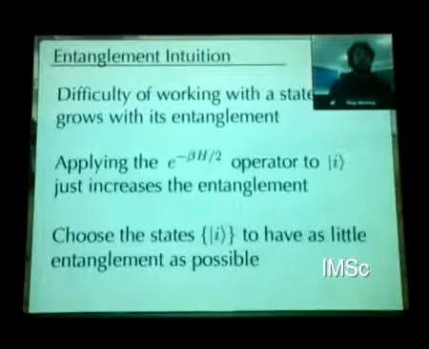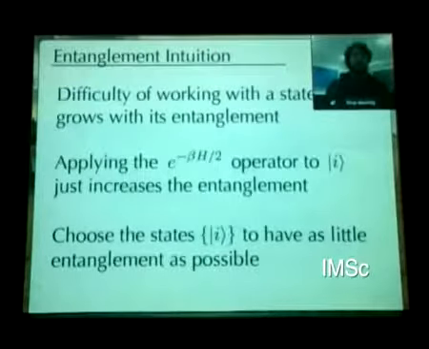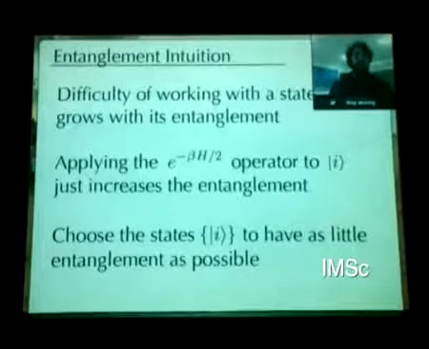The more entanglement, the more states you have to keep, and the larger the matrices you have to work with. So we want to have the least entanglement that we can get away with. If I already has some entanglement, applying e to the minus beta H over 2 to it only increases the entanglement in general. So we want to choose these states I to have as little entanglement as possible, so that when the entanglement does increase, it increases to some low value.